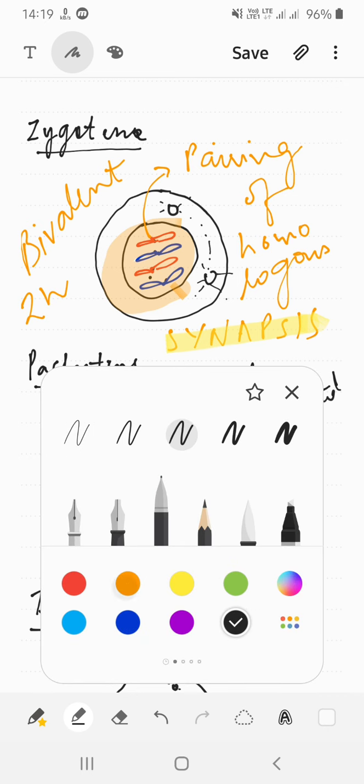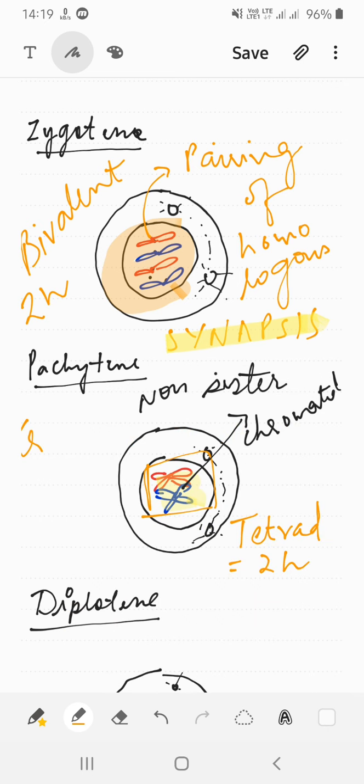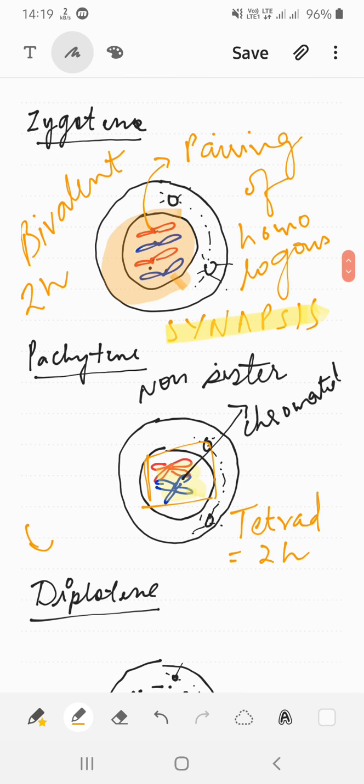And this is the only substage where the crossing over starts. So it is very important to name the substage in which the crossing over, the exchange of materials, takes place. The new combinations will form; we do not resemble our parents exactly because of this phenomenon known as crossing over.